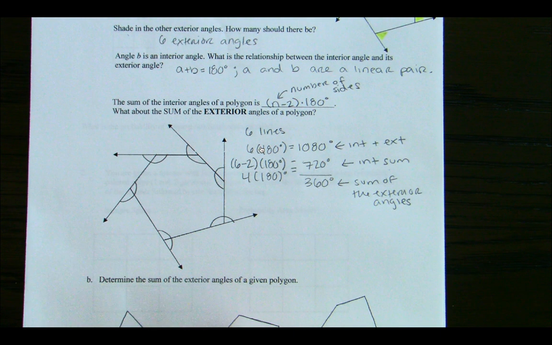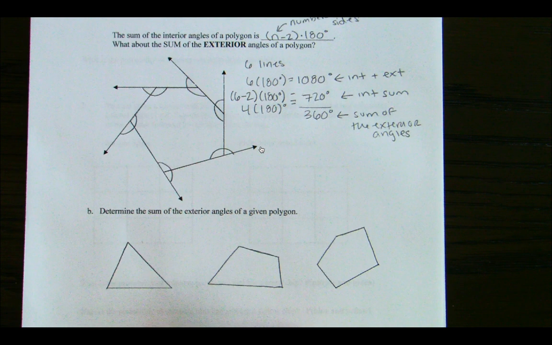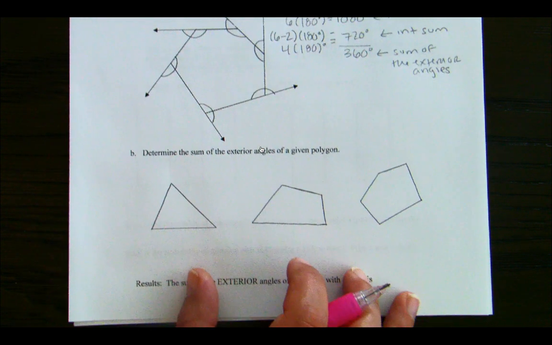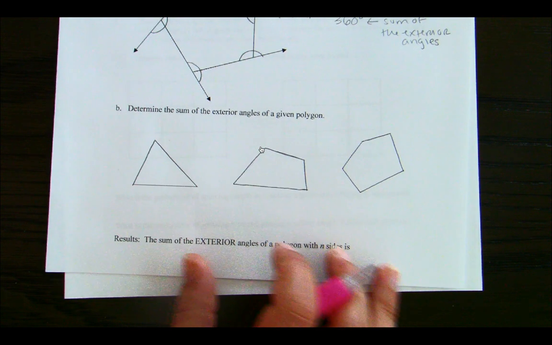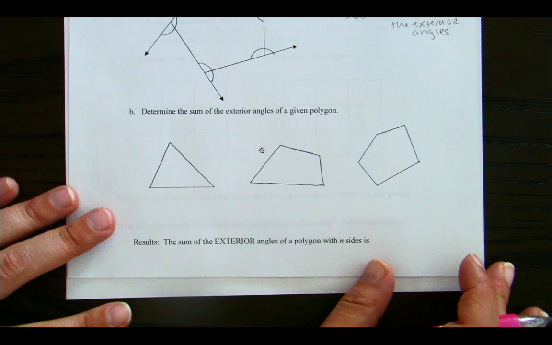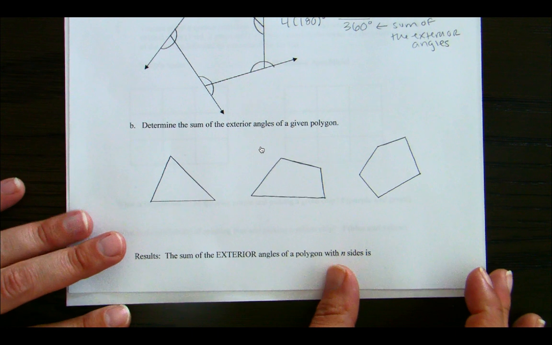In order to make sure that there's some pattern or consistency among all polygons for exterior angles, I'm going to test this out for a few more shapes. I'm going to do the same thing. Notice that I have these 3 shapes down here: a triangle, a quadrilateral, and a 5-sided shape.